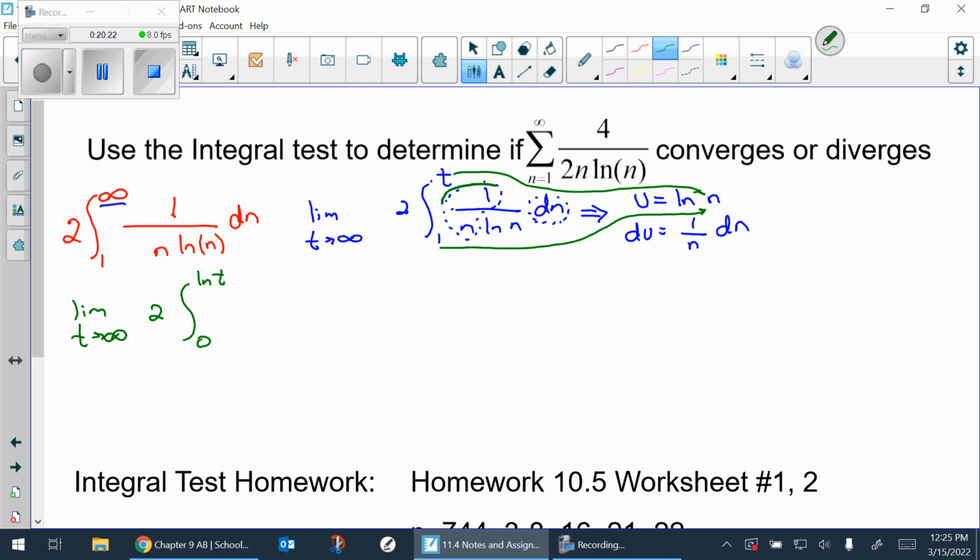I'll replace the 1 over n dn with a du, and I will replace natural log of n with a u, which is down on the bottom. And so we'll have 1 over u, sorry.